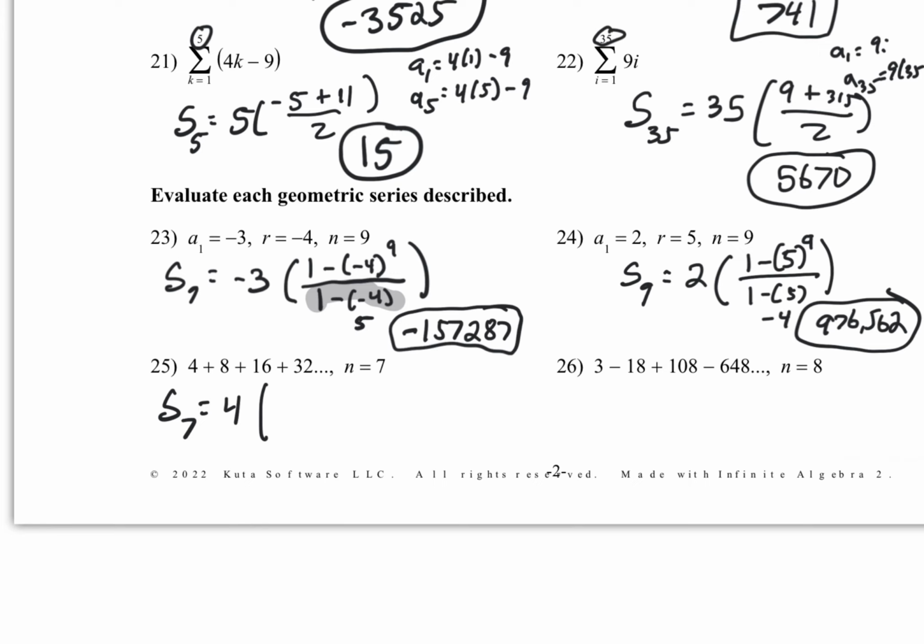That should be a 1 minus our ratio, which is 4 to the n, and then 1 minus 4. So the bottom part gives me negative 3.